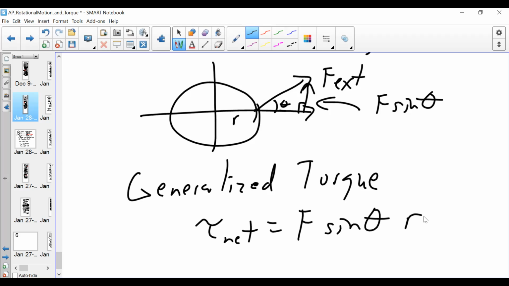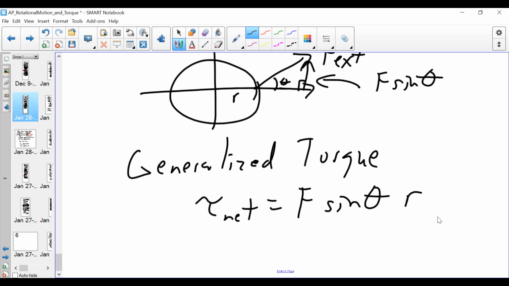And it all goes back to our definition where we start establishing this relationship between linear and angular quantities, where we have a_t is equal to R alpha, multiplication. Linear acceleration is equal to radius times your angular acceleration, and torque is going to be your outside force multiplied by your radius.